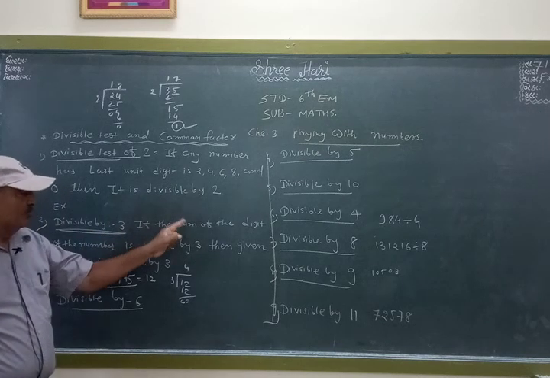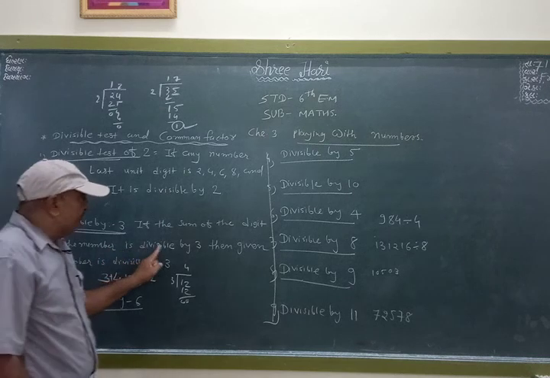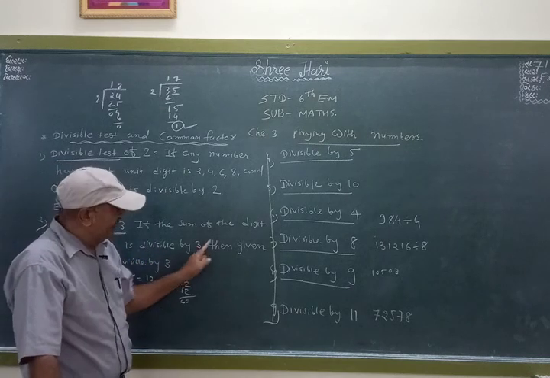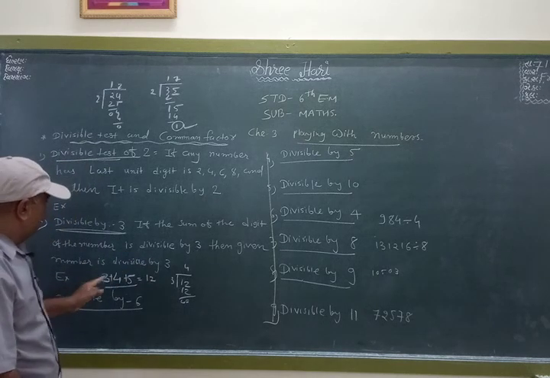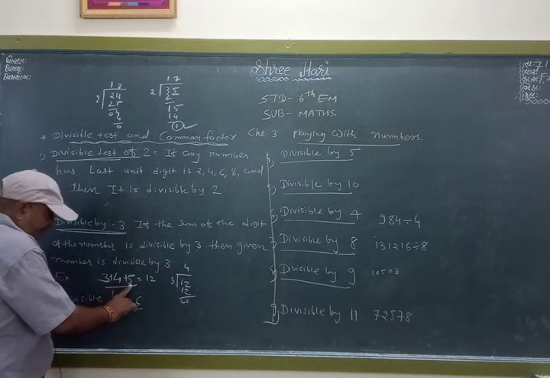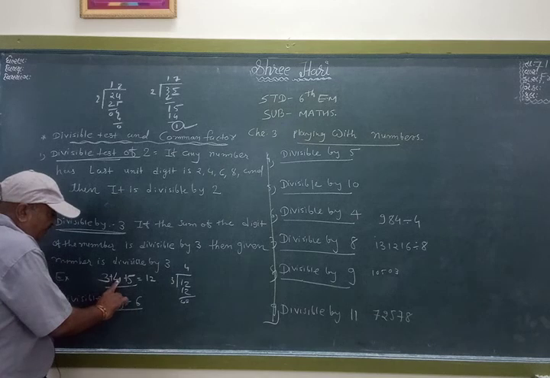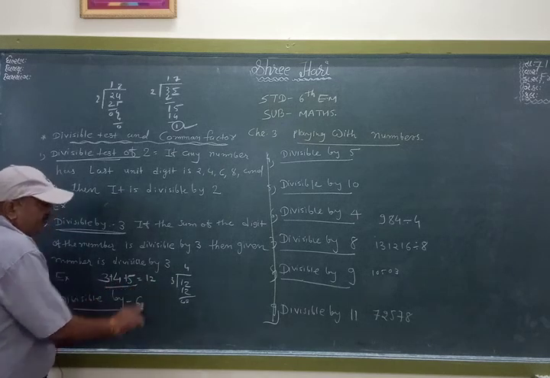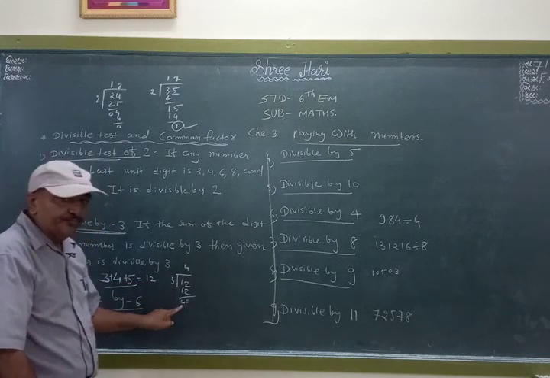If the sum of the digits of the number is divisible by 3, then the given number is divisible by 3. You can see here, 345. The total of 345 is 3 plus 4 is 7, 7 plus 5 is equal to 12. So 12 is divided by 3 with remainder 0.